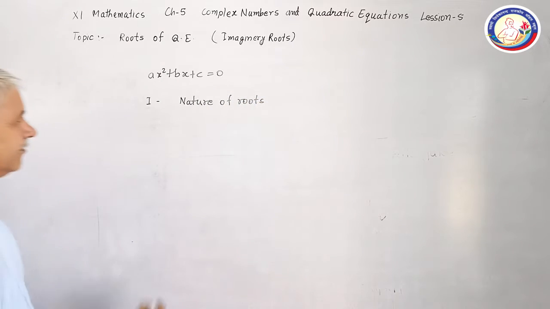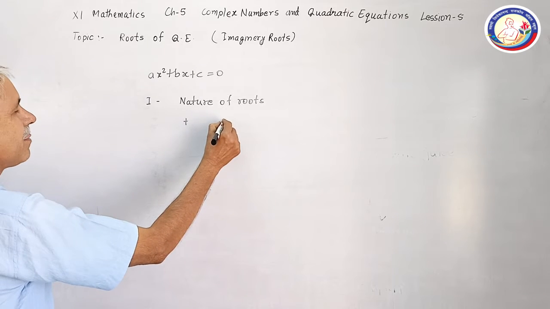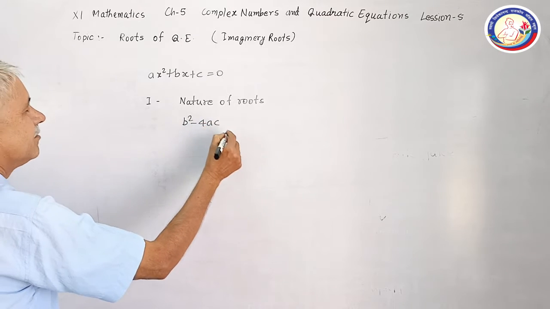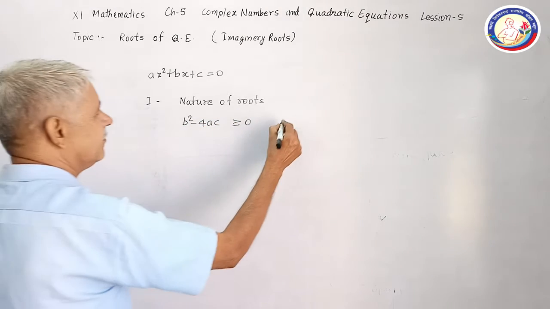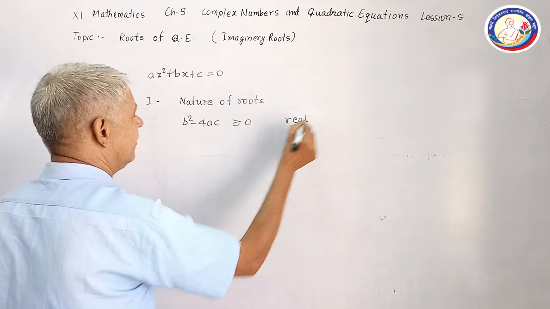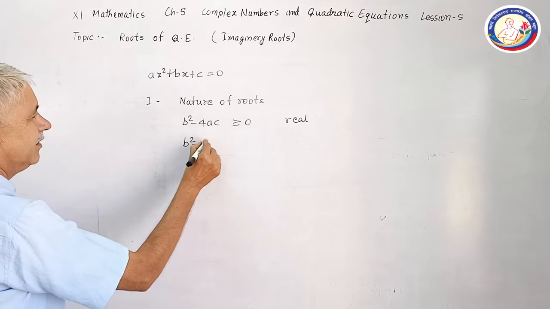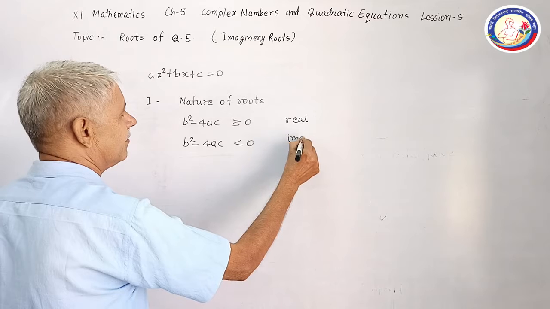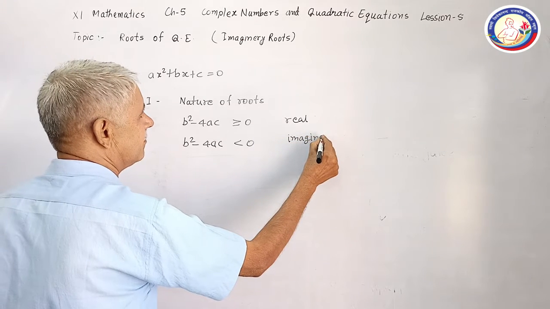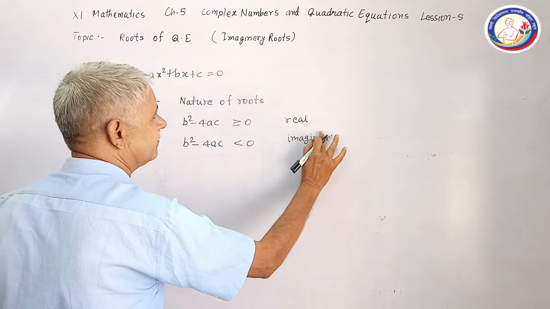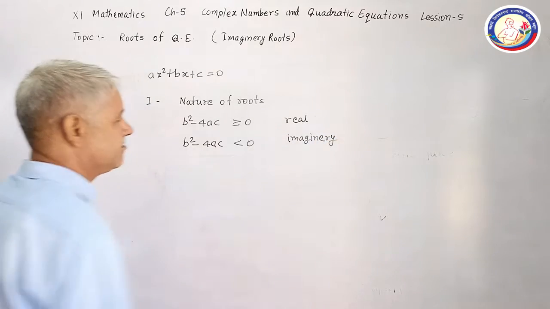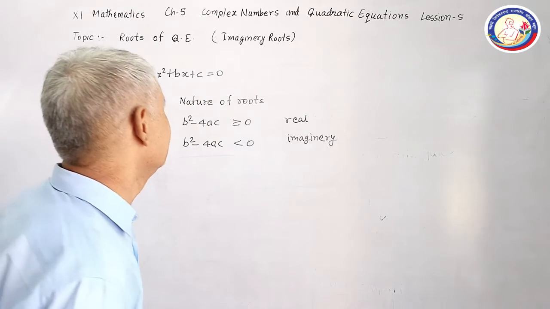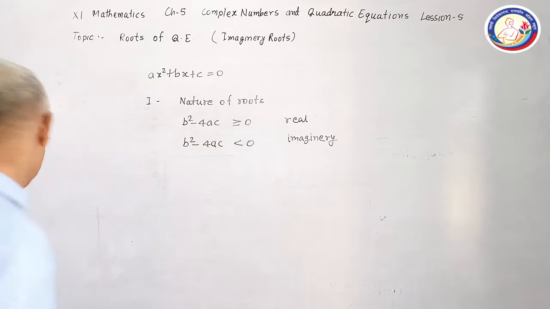If b square minus 4ac is greater than or equal to 0, the roots are real, and if b square minus 4ac is less than 0, then imaginary. If the roots are imaginary, then we will follow the process we discussed earlier.